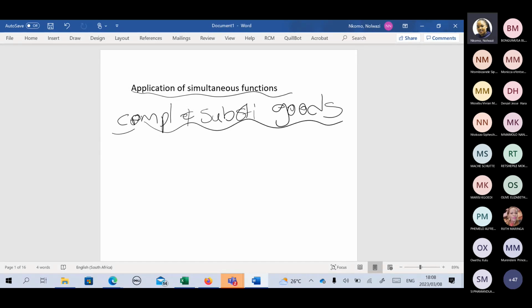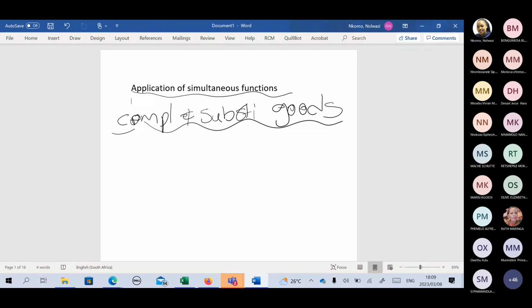These are the complementary and the substitute goods. This is how we differentiate them. Complementary goods are a group of goods consumed together to meet a specific need, such as sugar and coffee, they all go together. And then we have substitute goods.